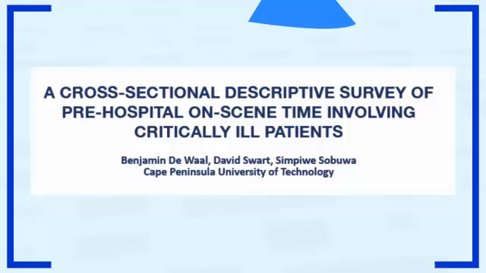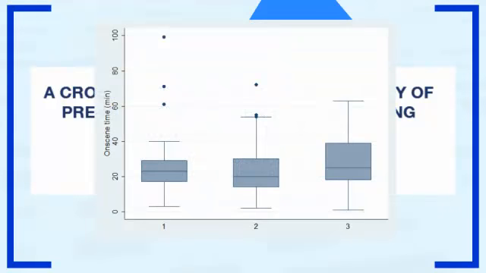And what they did is they stratified people by qualification, so BLS, ILS and advanced, I think, and they looked at red coat patients, people who were severely injured. And they just looked at what the on-scene time in minutes was for those three strata. And as you can see in the box plots here, the median time, the middle line, is all actually around about the same.